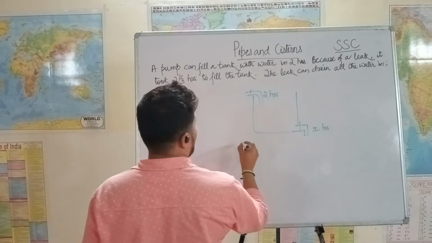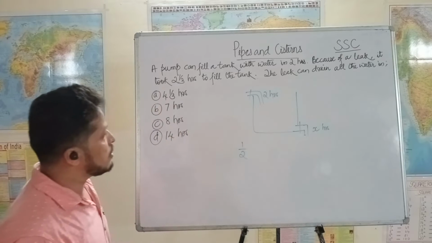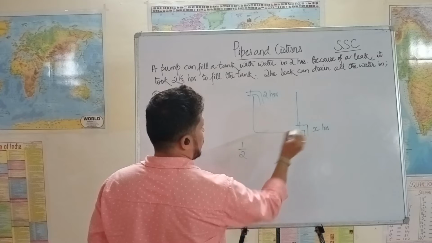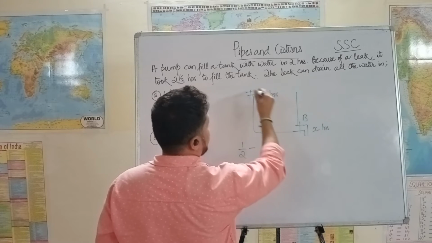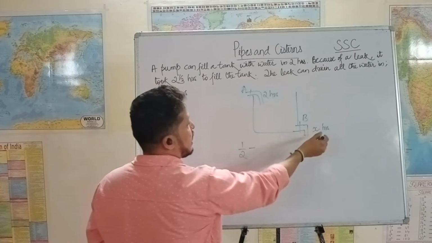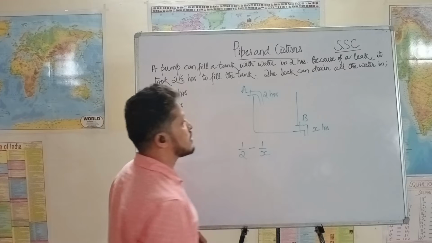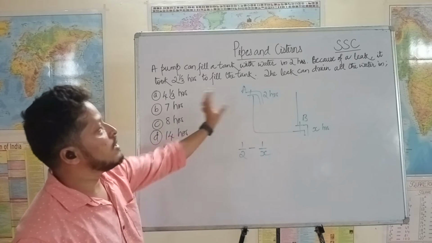The efficiency of A is 1 by 2. That means every hour half of the tank is filled. But this pipe B, which is emptying the tank, works at 1 by X. That means every hour it empties 1 by X of the tank.